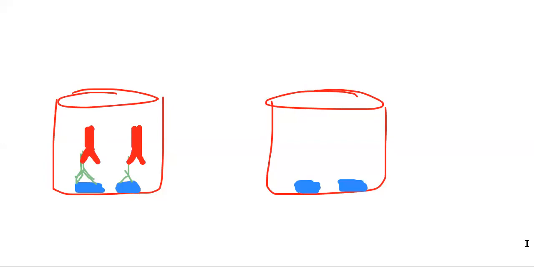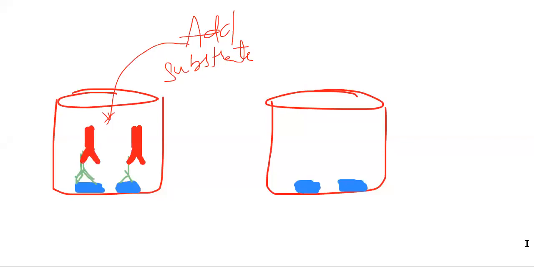In these conditions, if we add substrate, the substrate, as I said in the earlier classes, is what can bind with the enzyme, for example beta galactosidase or peroxidase.